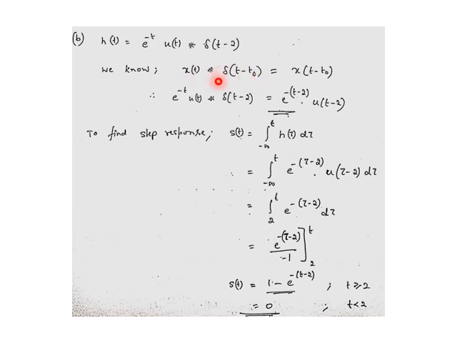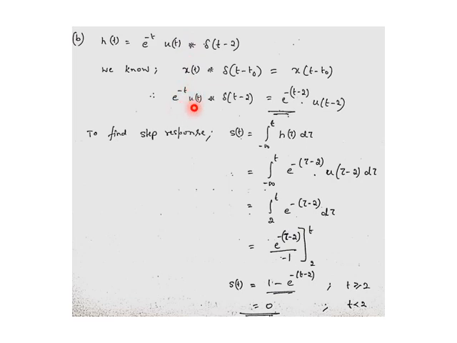So x of t convolved with delta t minus t naught is simplified as x of t minus t naught. The time-shifted delta function shifts x of t, that's it. This is one of the convolution properties with respect to the time-shifted delta function, which we can directly use as a standard condition to simplify this.